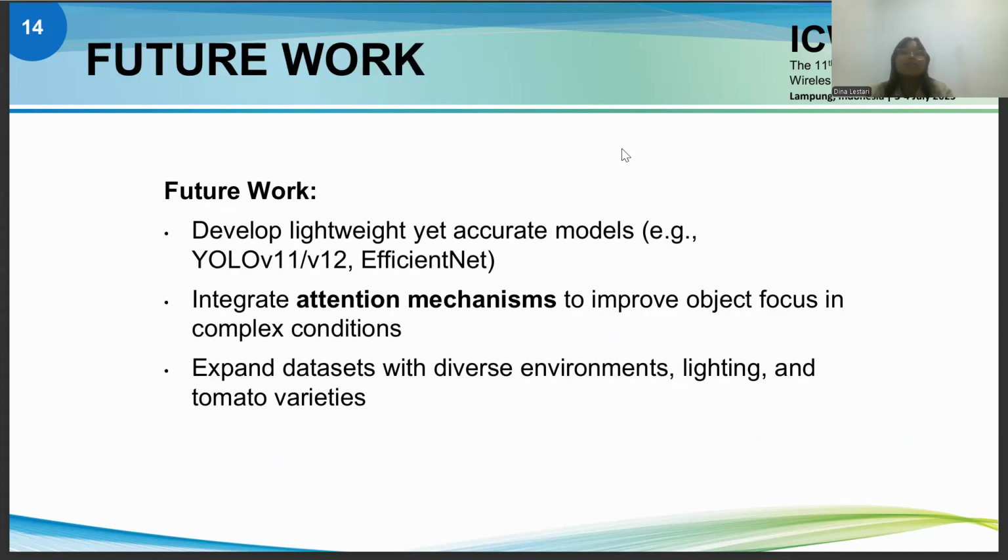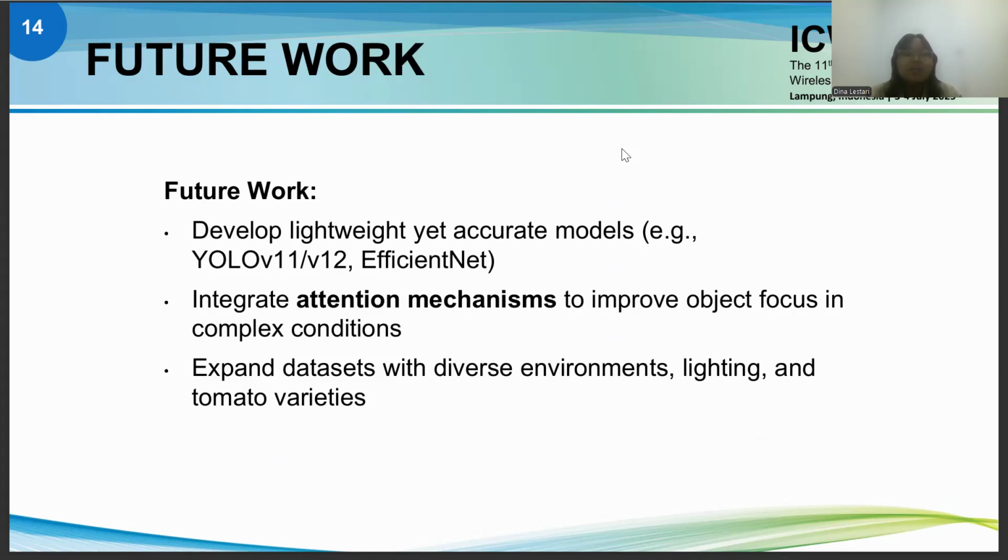So for the future work, directions include first, designing lightweight models such as YOLOv11 and YOLOv12, or EfficientNet variants for real-time deployment on low-resource devices. And second, applying attention mechanisms to improve object localization in challenging scenes.